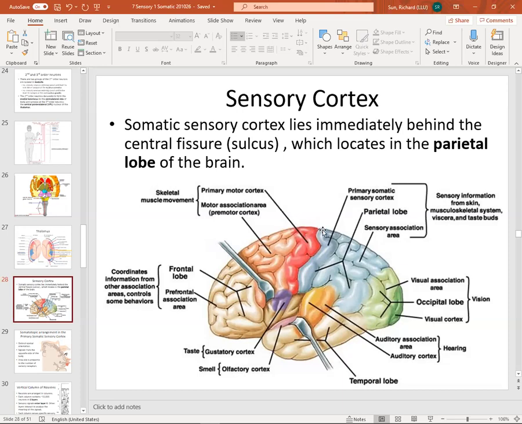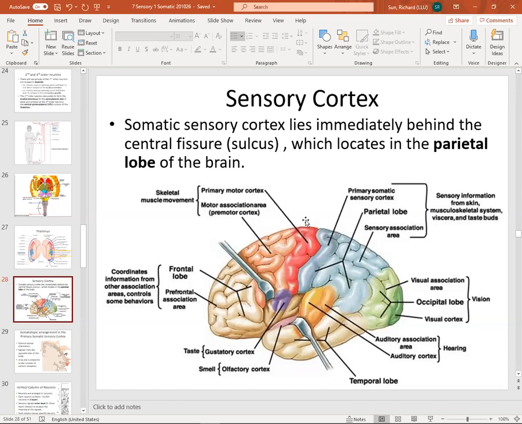And so the sensory areas are all in the parietal, like the primary sensory. The frontal lobe is more about movement, action, including the motor cortex right next to the sensory cortex.